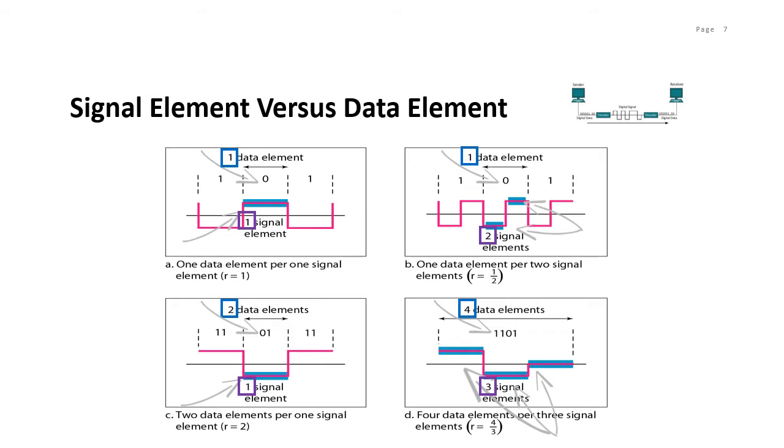Let me give an analogy here. Suppose that each data element is a person who needs to be carried from one place to another, and the signal element is a vehicle, a car that can carry people.